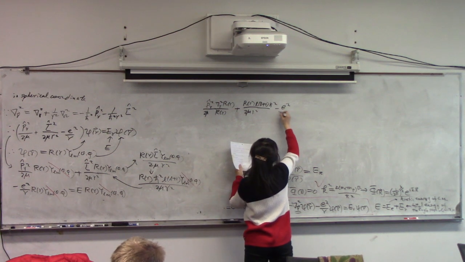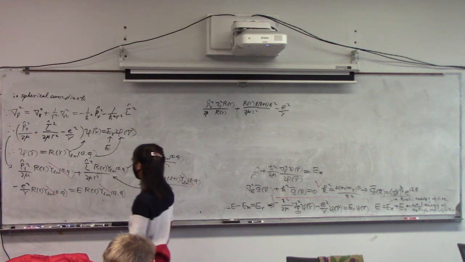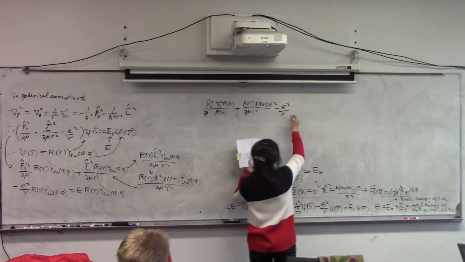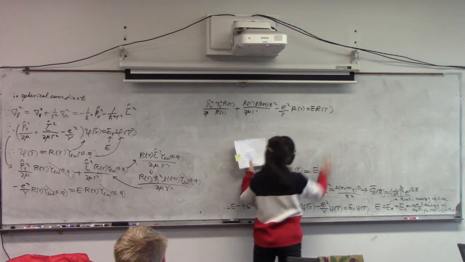The third term is minus e squared over R and E, right?